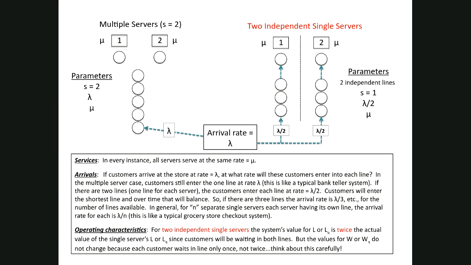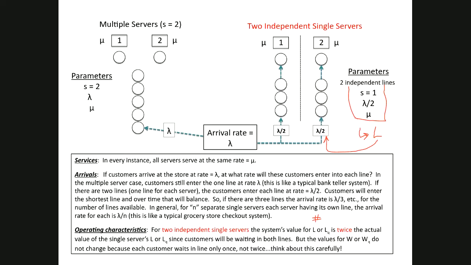When you're evaluating L or L sub Q, in other words, the number of customers in the system, once you do this evaluation, you're going to get an output of L, but that's going to be the number of customers in only one of these systems. That would be, for example, just this system.